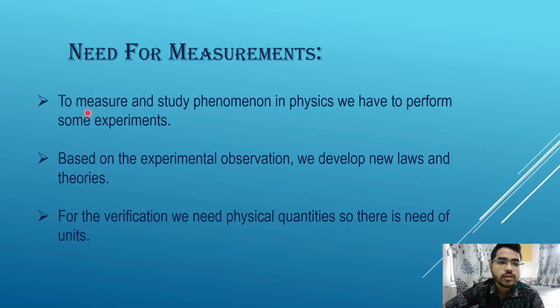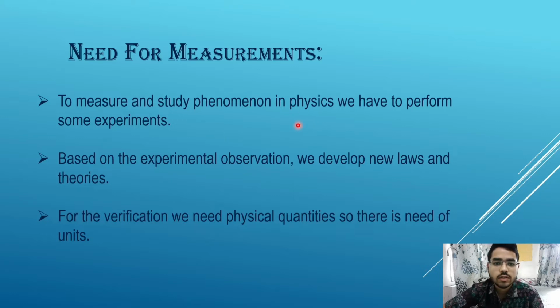Need for the measurements. To measure and study phenomena in physics, we have to perform some experiments. Based on these experiments and observations, we develop new laws and theories. For the verification, we need physical quantities, so there is the need of units. So basically, to measure some physical quantities such as length, temperature, etc., we have to use some physical quantities, or we can say fundamental quantities.